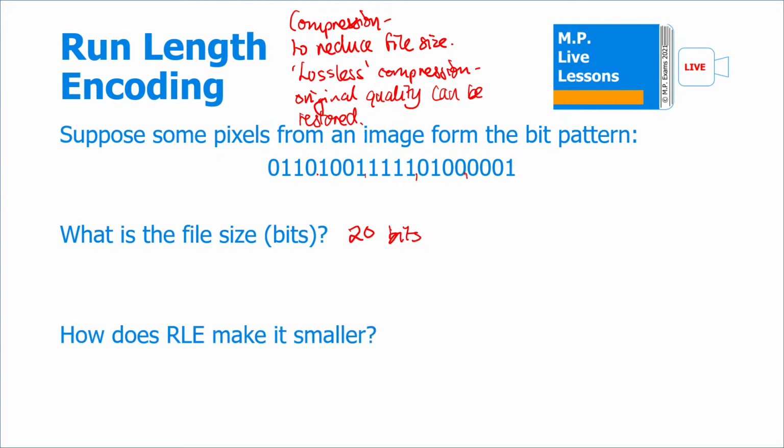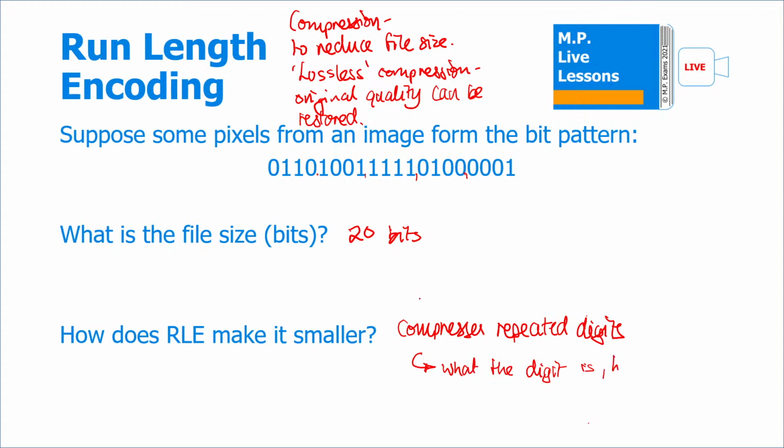How does run length encoding make it smaller? What run length encoding does, it compresses repeated digits into what the digit is, and how many times it appears.